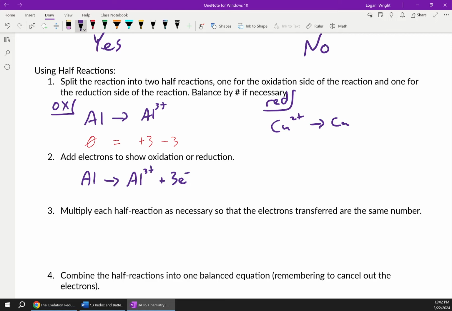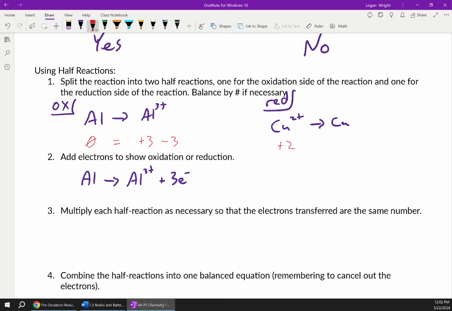Oxidation is oil. Oxidation is loss. So when you're doing a half reaction for oxidation, you will always start with a whole thing and then lose electrons. Reduction is gain. You're always going to start with some electrons and then stick them on. So we know in advance that because it's reduction, the electrons are going to need to go on the left side, but let's do all of the work anyway.